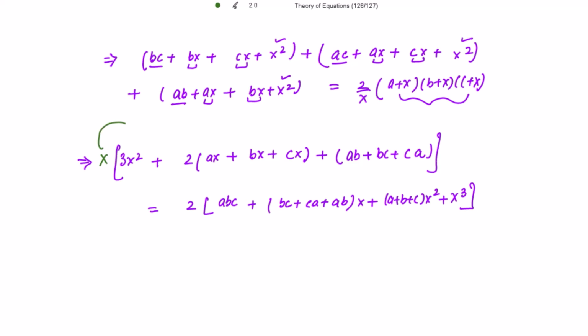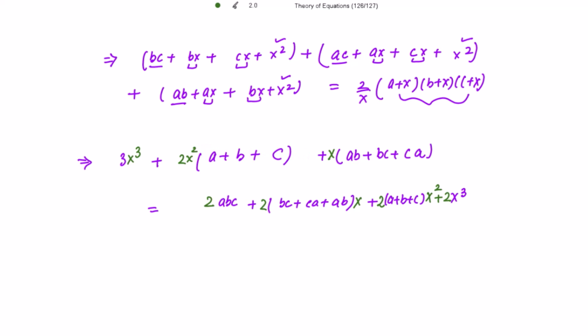If you multiply x inside, we get 3x cube, the second term multiplied with 2x, and the third term multiplied with x. Let's also multiply 2 inside this bracket. We get twice of abc, twice of the second term and twice of the third term, and 2x cube. Let me also take x common from the second term, and we get the power 2 with x.